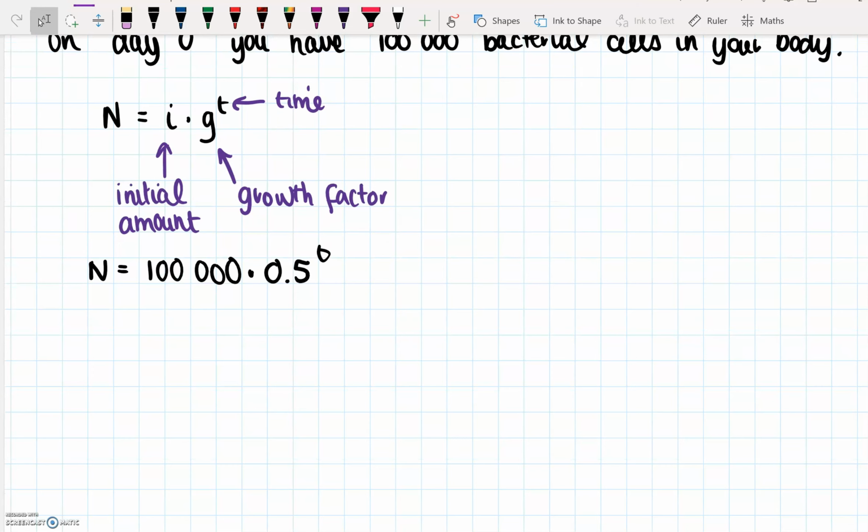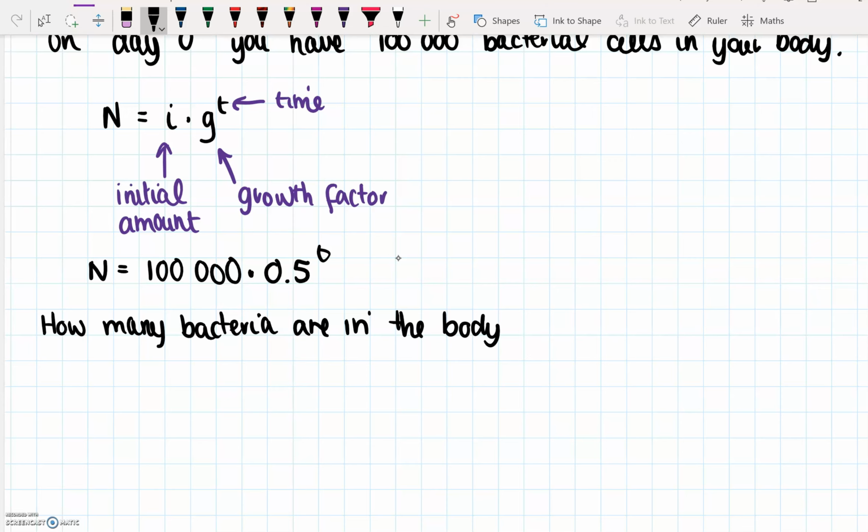So we can ask how many bacteria are in the body after 4 days. In order to do that, we say n, our number of bacteria, is equal to 100,000 times 0.5 to the power of t, and our t was 4.